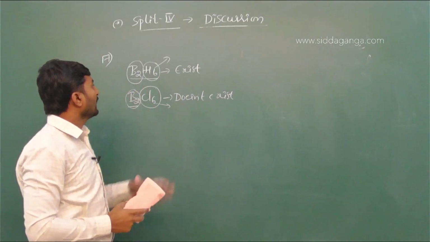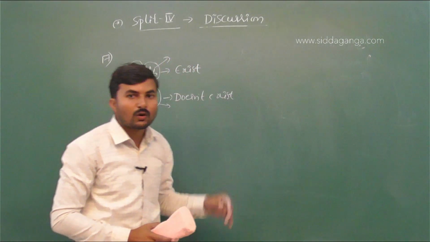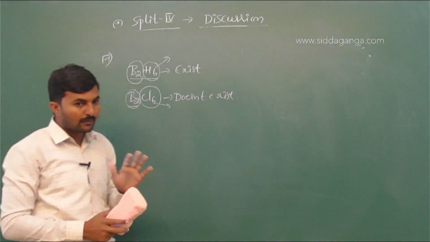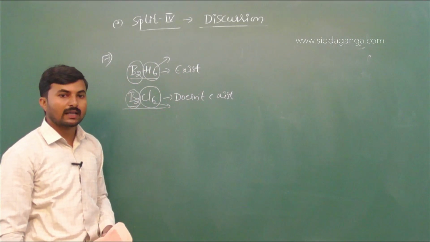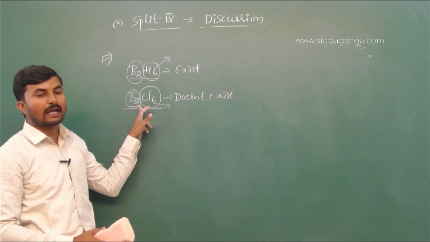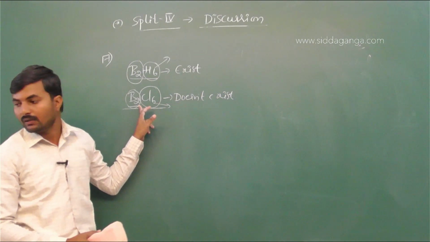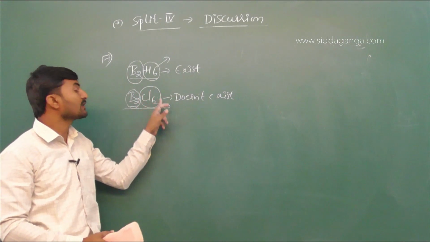That is why the hydride of boron in the form of B2H6 exists, but in the form B2Cl6 it does not exist, because the size of the boron atom is very small and could not accommodate larger Cl atoms, that is 6 Cl atoms.